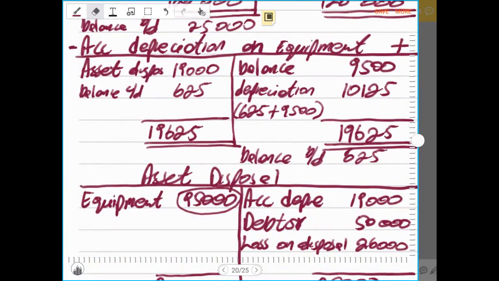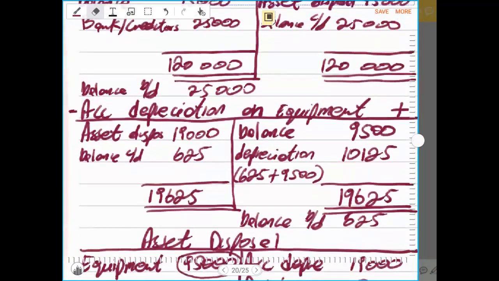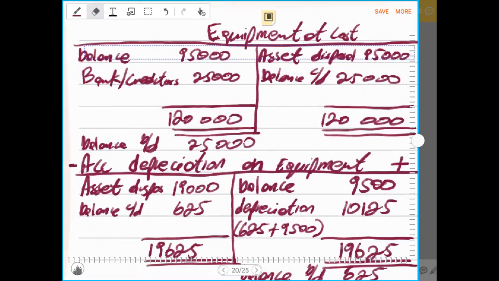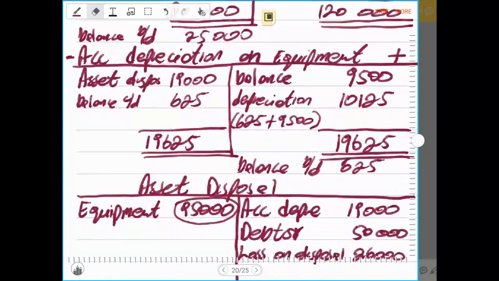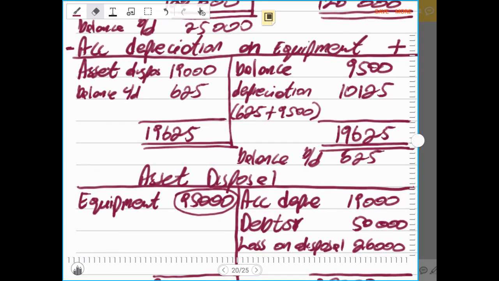So now I'm done with the ledger account for equipment, and I am done with the ledger account for the depreciation. Therefore, the only thing that I need to do now is to record this 19,000 rands. You see the asset disposal. Sorry for that.